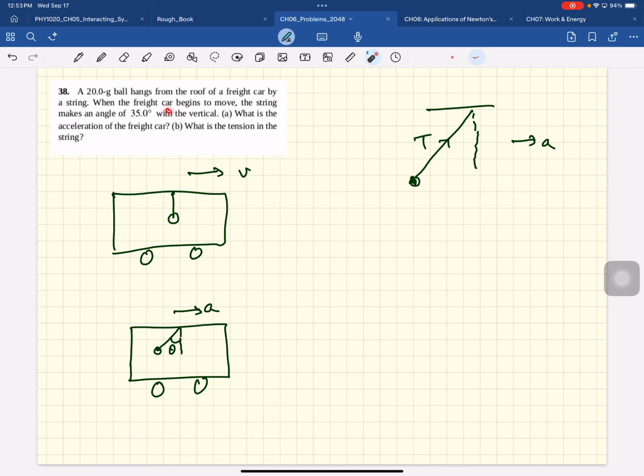When the freight car begins to move, the string makes an angle of 35 degrees with the vertical. That is the angle we want. So there's the tension in the string. This component of the tension is balancing the weight, and this component of the tension is what is giving you the acceleration.